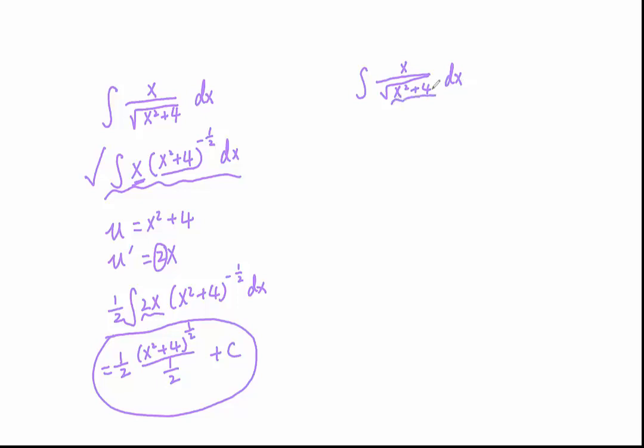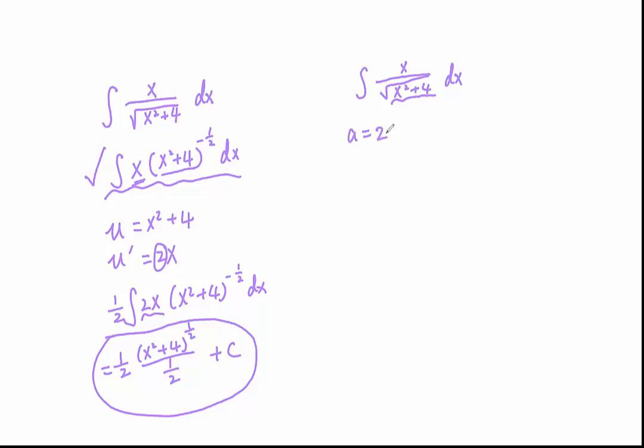So x squared plus 4. Now we look in our table. So x squared plus 4 should be defined as, so I can define my a to be 2, right? Because a squared is 4.